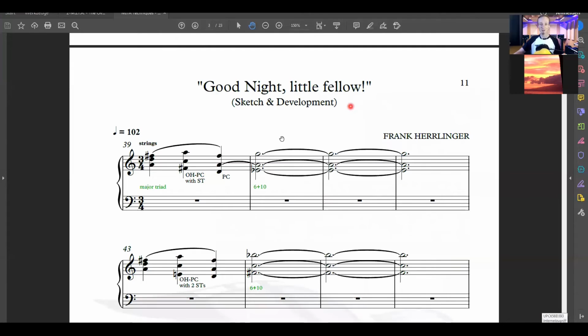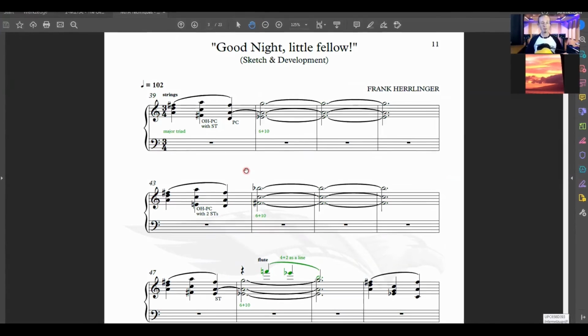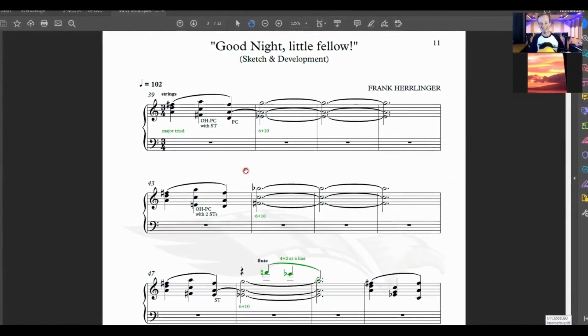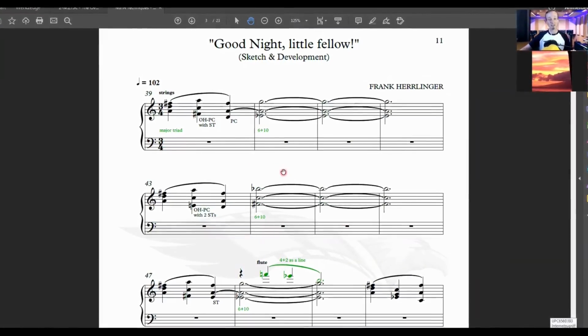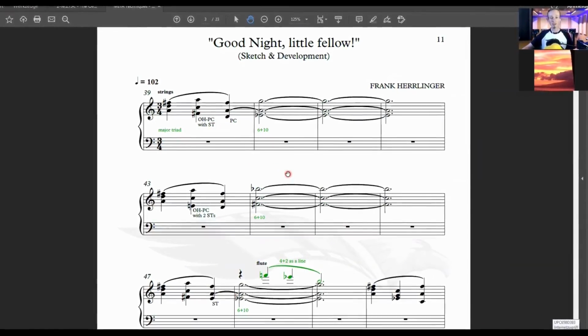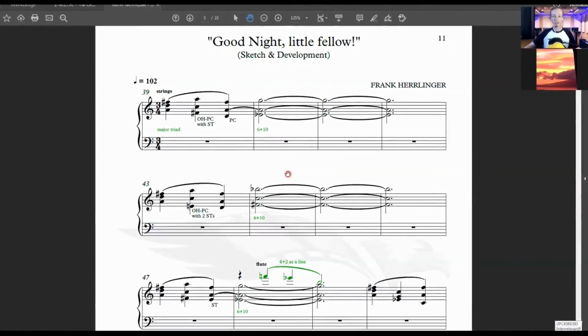So I said we wanted to look at some more developed pieces. It almost puts you into the style of Disney, this very romantic type of writing. And this is really great because this is not easy to achieve with just the diatonic system.